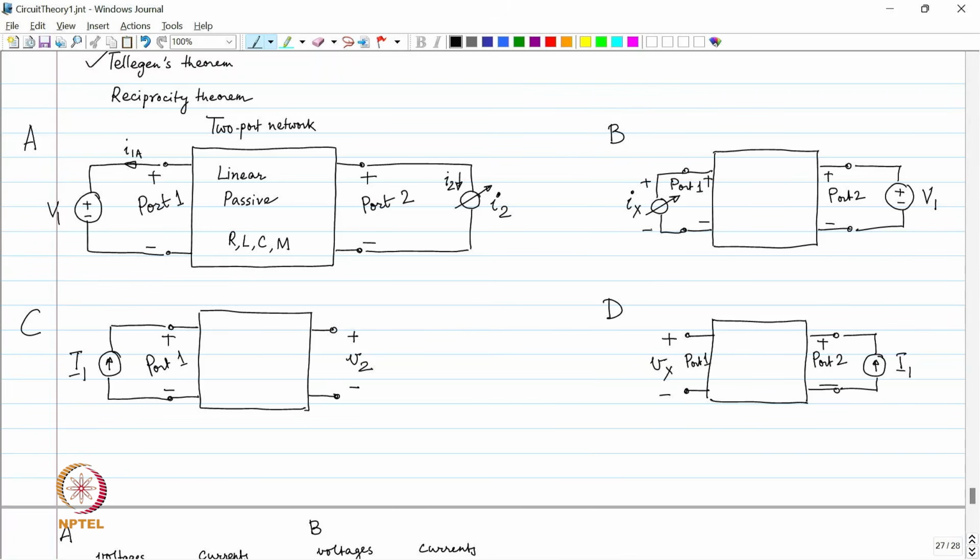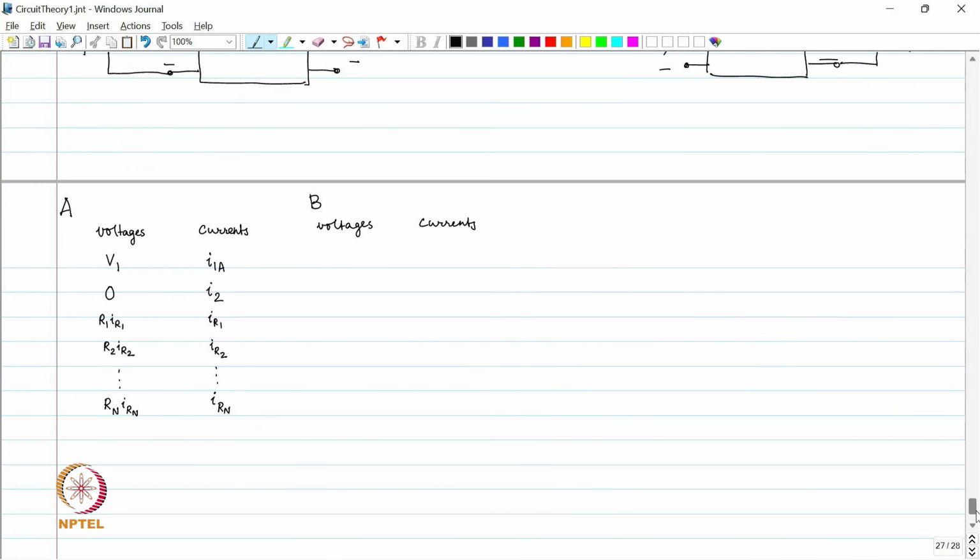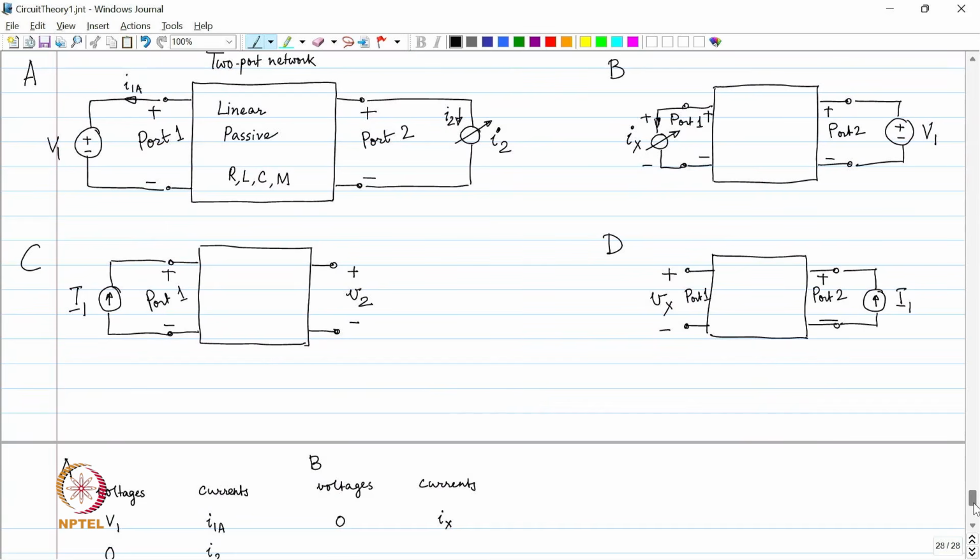How much is this voltage? 0, this is an ammeter, and this current is Ix. Earlier where there was I2 or where there was the ammeter, what is now the voltage and what is now the current? V1, and the current I really do not know. Let us call this current I1B.